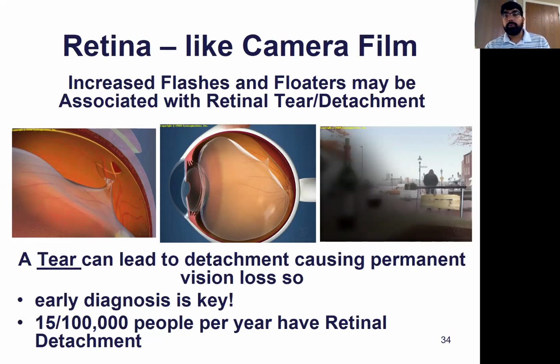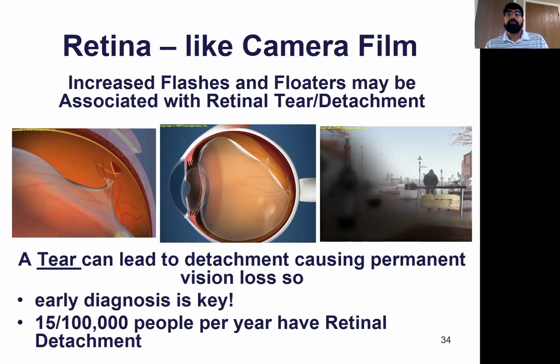The jelly separating can pull on a very adherent spot and cause that area to tear, and that can cause a release of pigment and blood, which is seen as increased floaters, increased dots in your vision all of a sudden. So you get hundreds of dots in your vision all of a sudden. That's a concerning sign that a tear has happened, and that tear can become a detached retina.